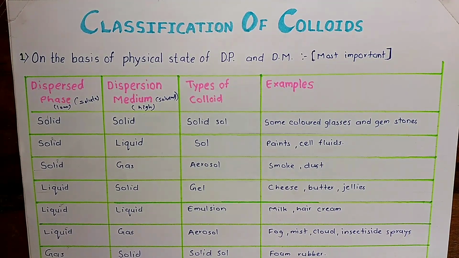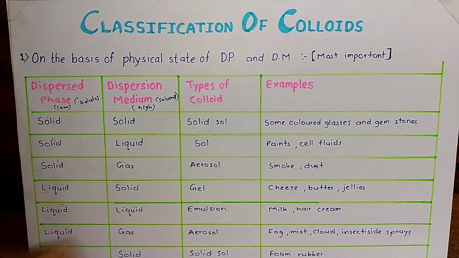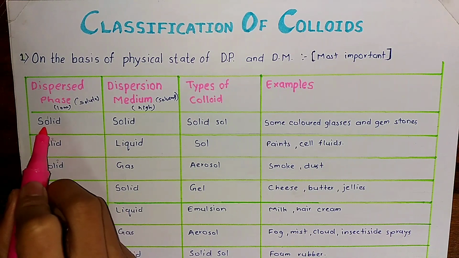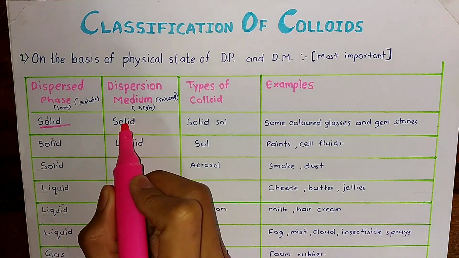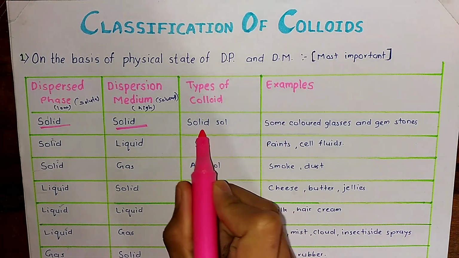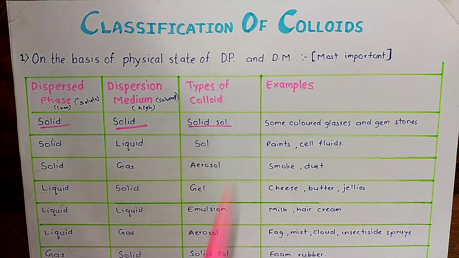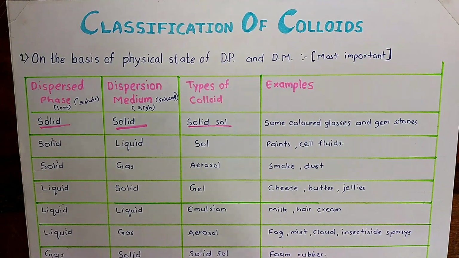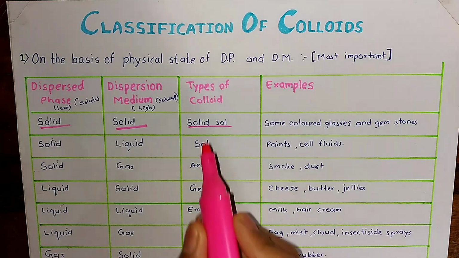If we take the dispersed phase solid and the dispersion medium solid, then the colloid will be a solid sol. If we mix solid in solid, then it will become solid. This is common sense.